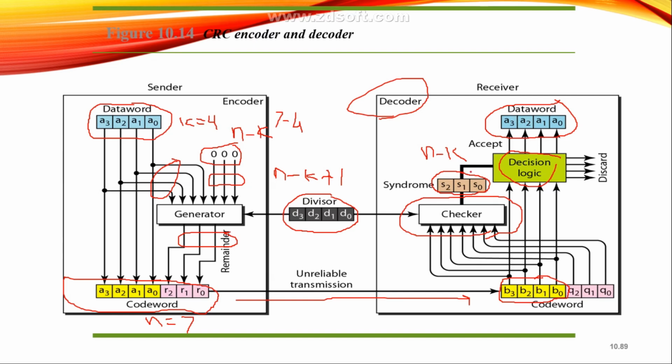But if the syndrome value is non-zero, then these four bits are discarded, as an error is introduced during transmission.